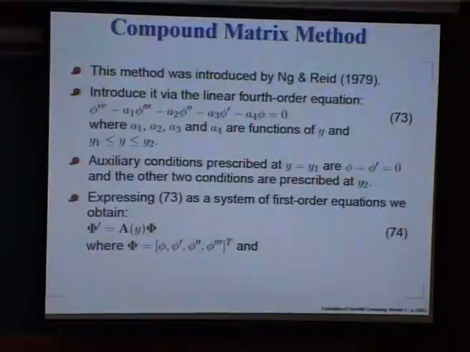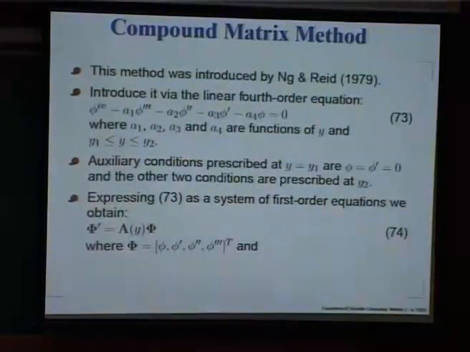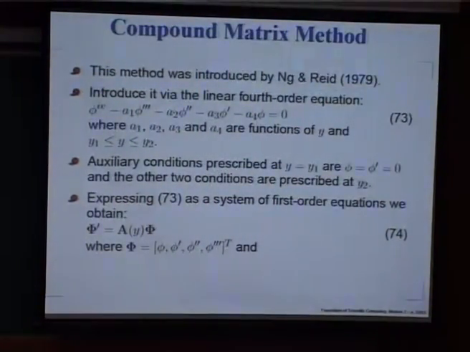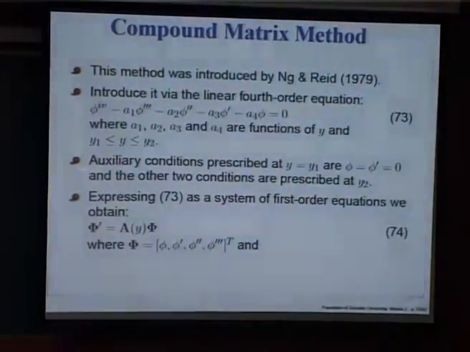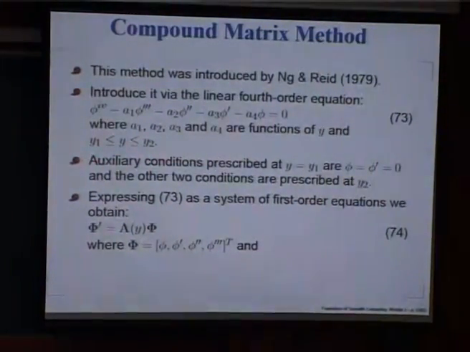it is not so. Consider the fact that these coefficients a1, a2, a3, a4, they are functions of y. So, these are variable coefficient ODEs, and they are quite difficult at times. And let us say your working domain ranges from y1 to y2.